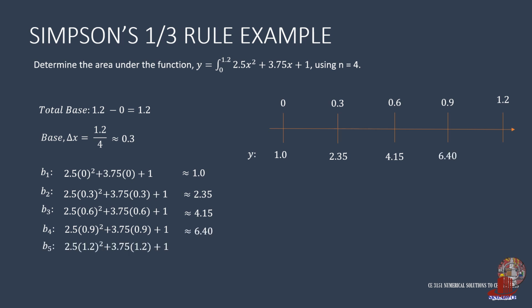The last base is 2.5 times 1.2 squared plus 3.75 times 1.2 plus 1, resulting in 9.1.